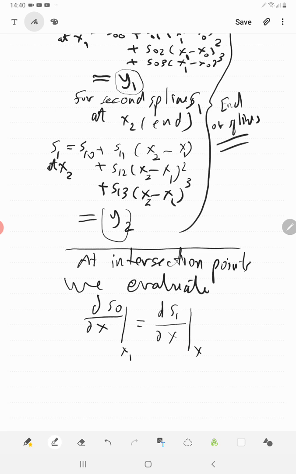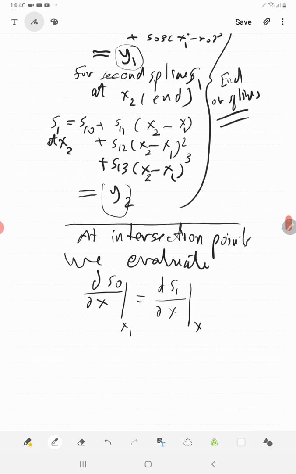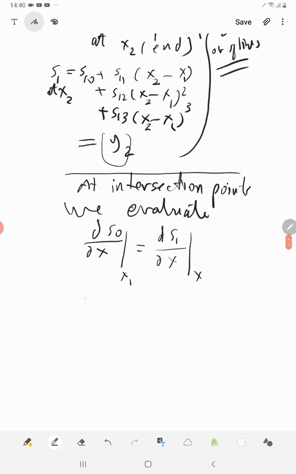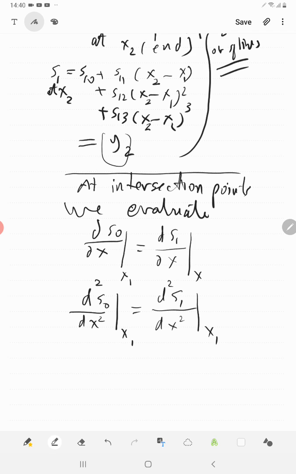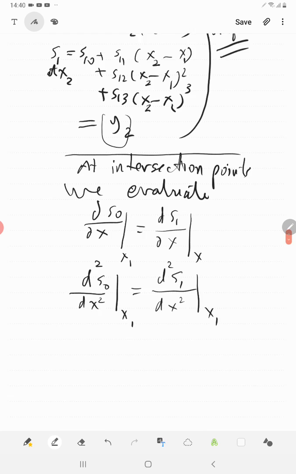They should be equal, so we want to make the first derivatives equal. And the second derivative of S0 with respect to x, also evaluated at x1, should equal the second derivative of S1 with respect to x, evaluated at x1. So from this we'll get two equations.